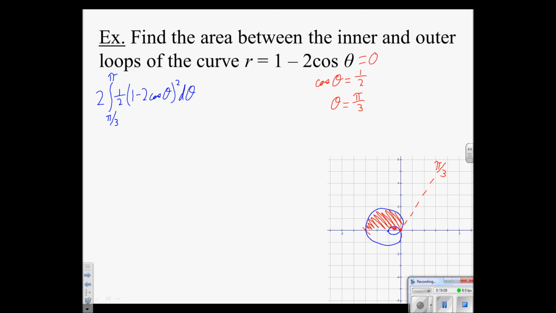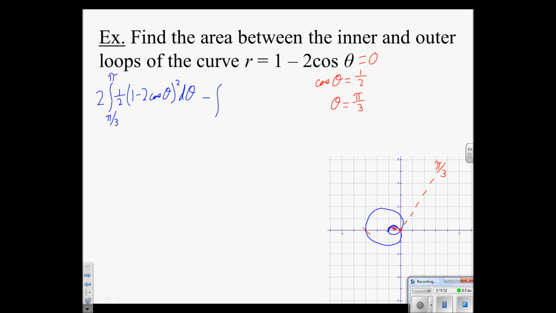So now we're going to have to subtract the area of the inner loop. Notice that the inner loop comes from this beginning part where the radius was negative. So we're going to subtract, because we're finding the area here.